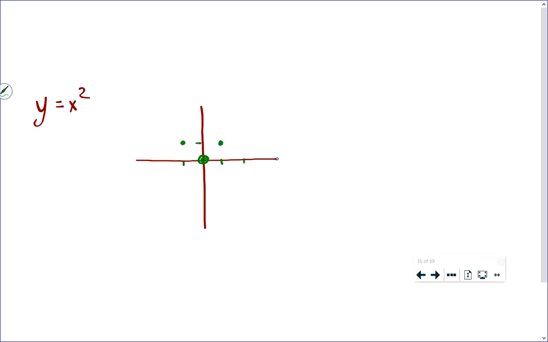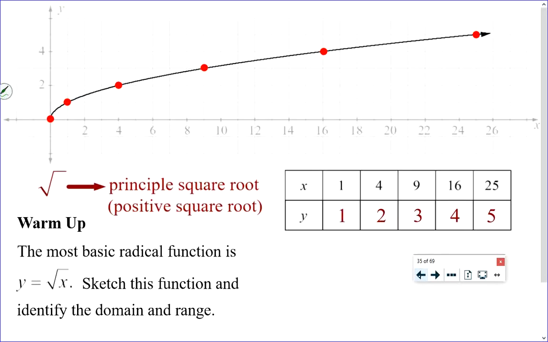And when you go over 2 on both sides, you go up 4. And when you go over 3 on both sides, you go up 9. Just like you know that pattern, I'm asking you to get this pattern in your head. You're not going over, you're going up because it's an inverse. You go up 1, you go over 1. You go up 2, you go over 4. You go up 3, you go over 9.